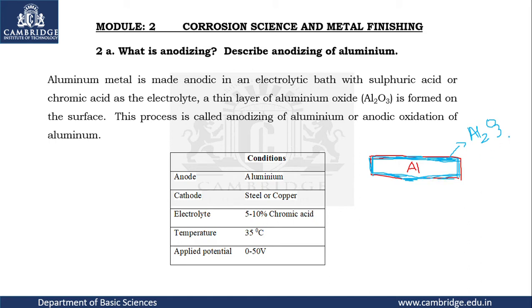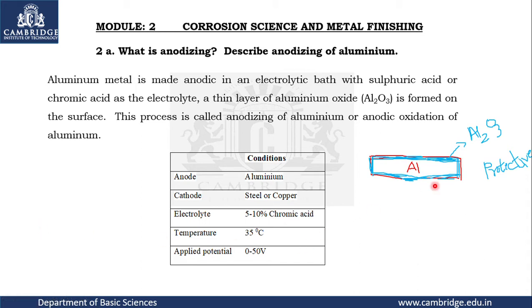And this top layer Al2O3 is going to act as a protective barrier, a boundary, and it will facilitate the isolation of the inside metal. There will not be contact between the inside metal and the outside environment.